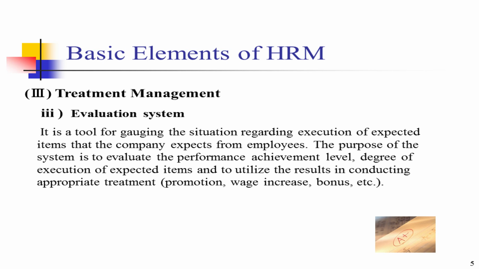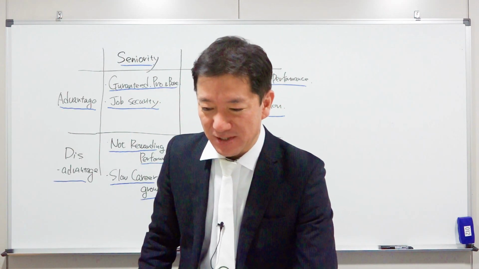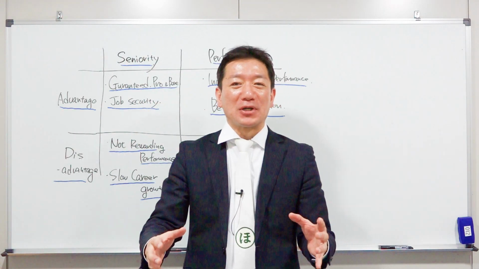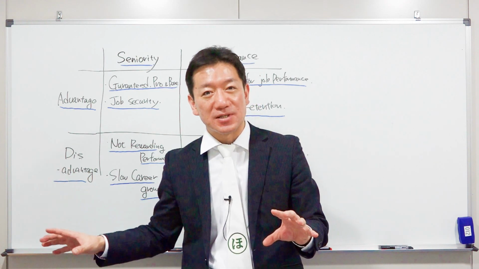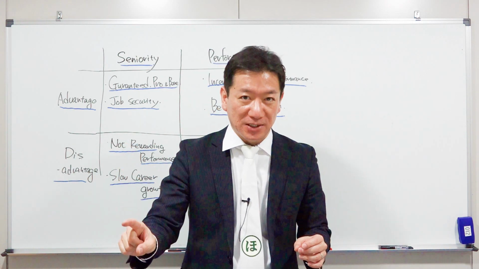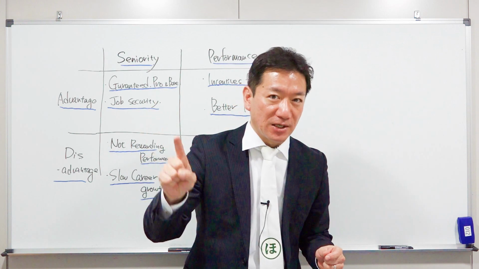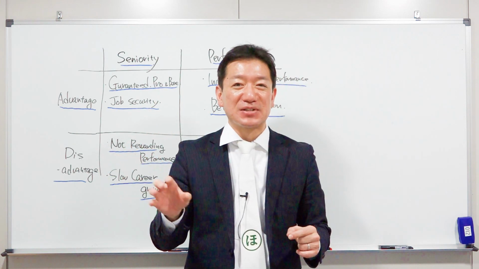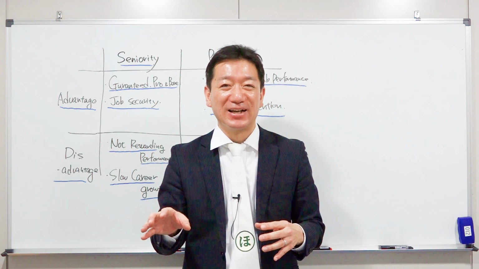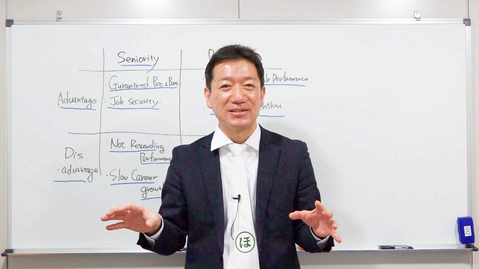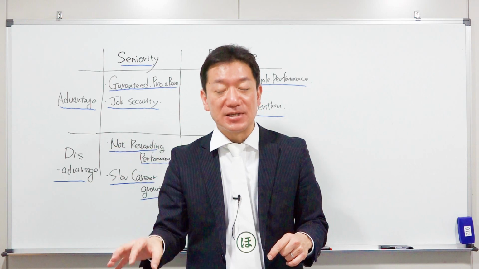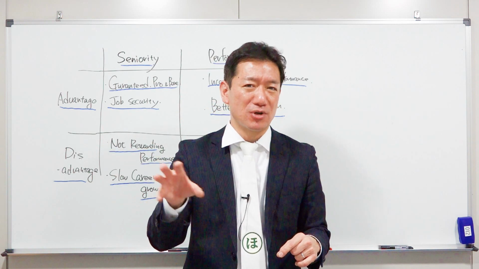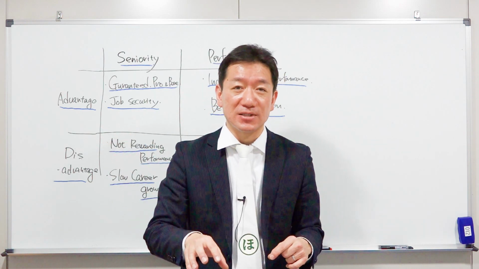Okay? Evaluation systems. It is important, of course, and every company has its own evaluation systems, but as a business consultant, you need to take care of the bias, of course. There are a lot of biases, right? Same in Japan, same in Tokyo, of course. Bias for or against: the prejudice for or against a person or a group.